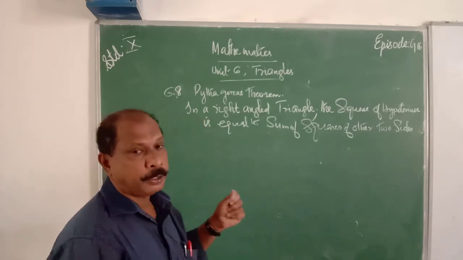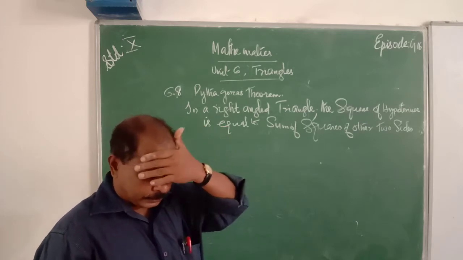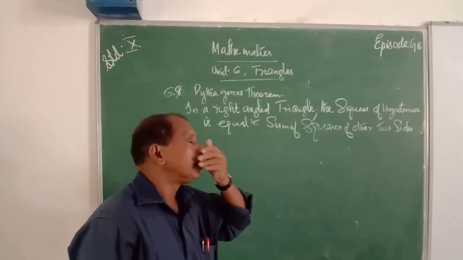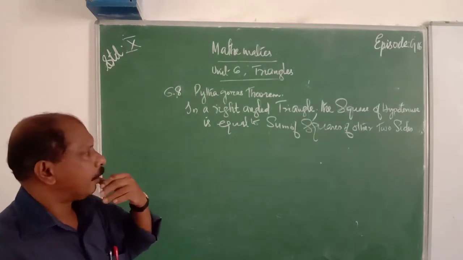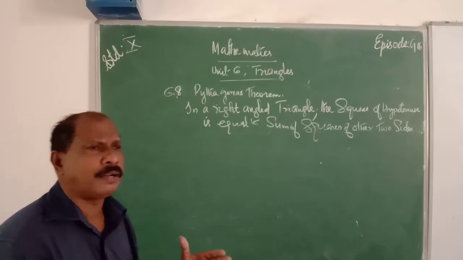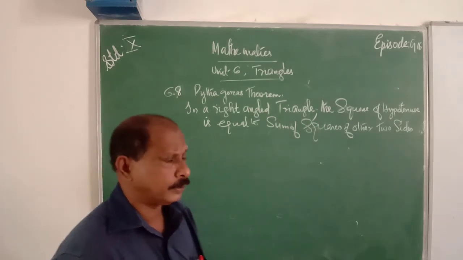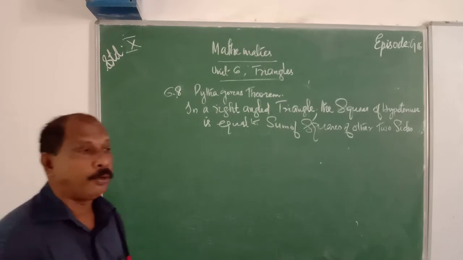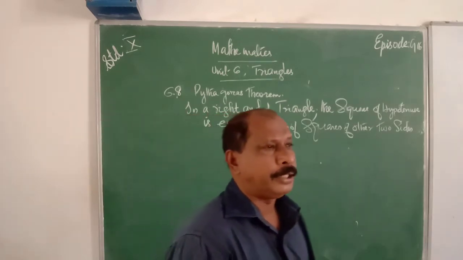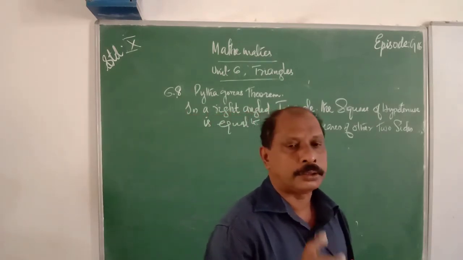Theorem 6.8 is what? The Pythagoras theorem. What is the Pythagoras theorem? In a right angled triangle, the square of the hypotenuse, that is the longest side opposite the 90 degree angle, is equal to the sum of the squares of the other two sides. That means base square plus height square is equal to hypotenuse square.